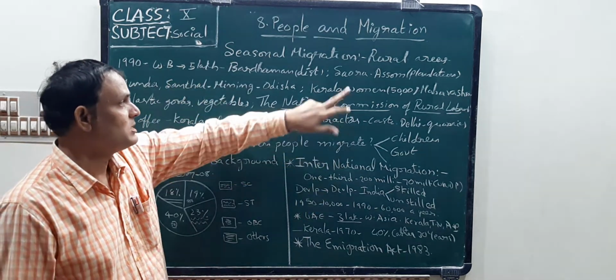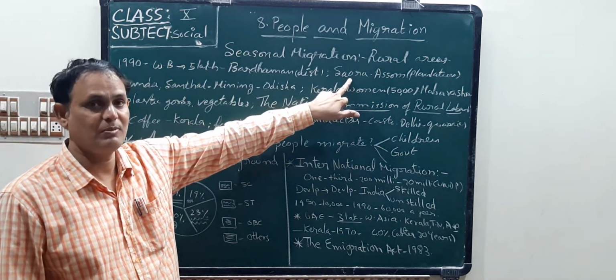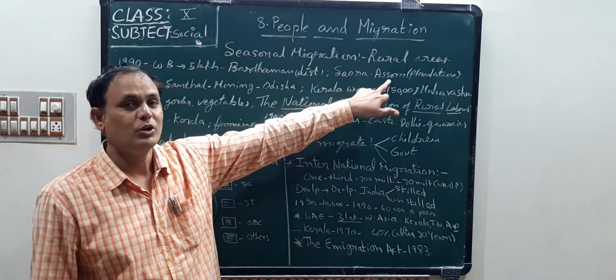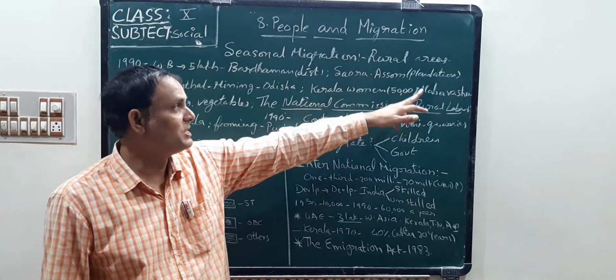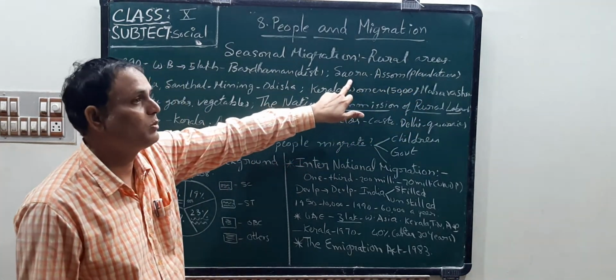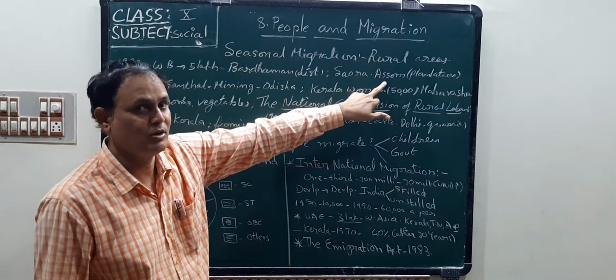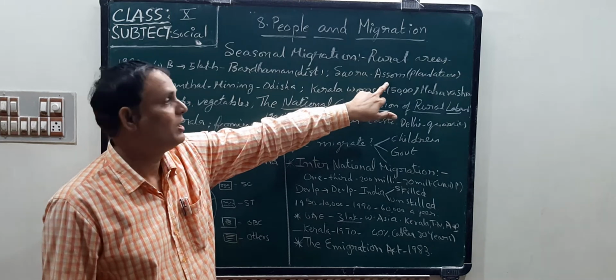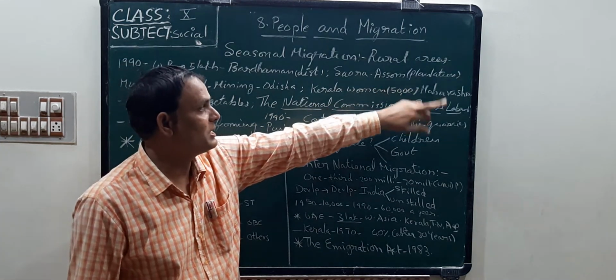Next one, Saora. They are tribal people. They migrated to Assam for doing work in the plantations. Okay, children? So here, Saora tribal people are moving to Assam. Why? To do work in plantations.